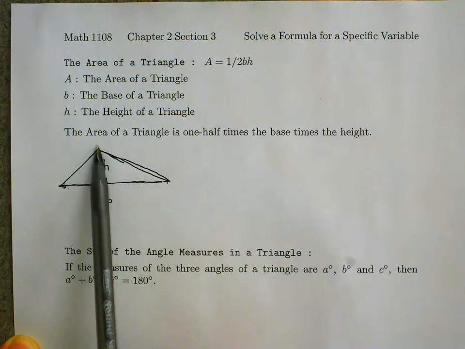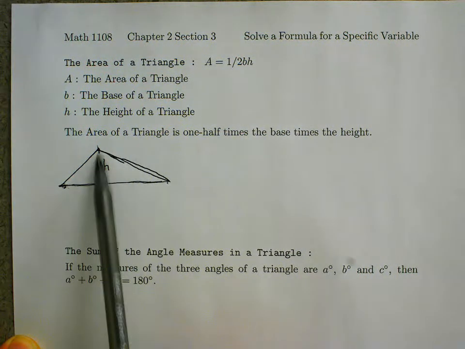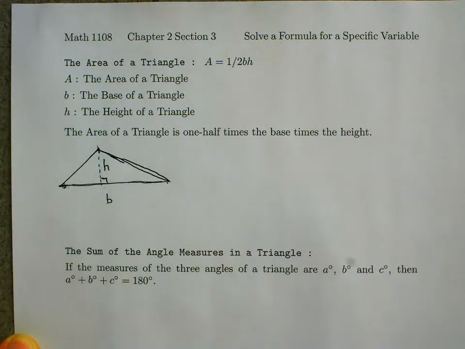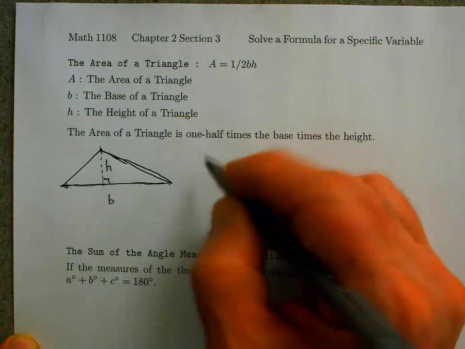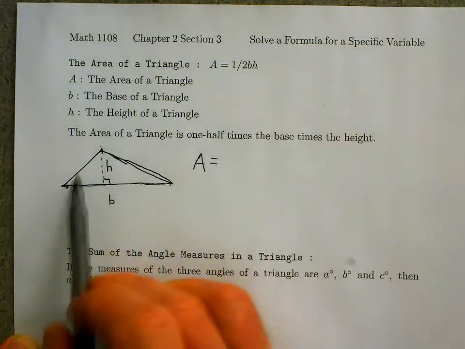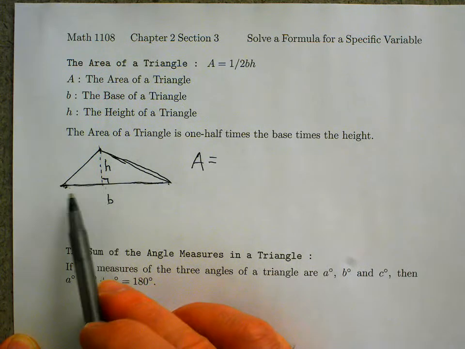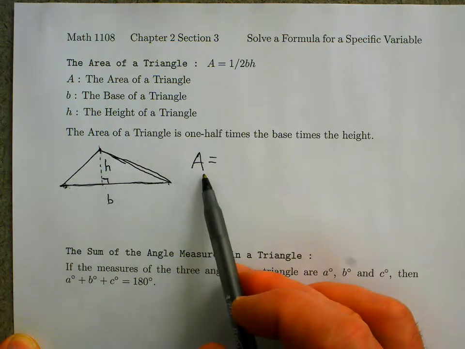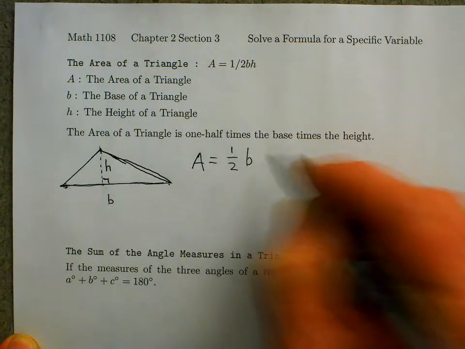So this vertical line segment, which is perpendicular to the base, is the height of the triangle. And so the area of that triangle, which doesn't have to be a right triangle, the area of any triangle is 1/2 times the base times the height.